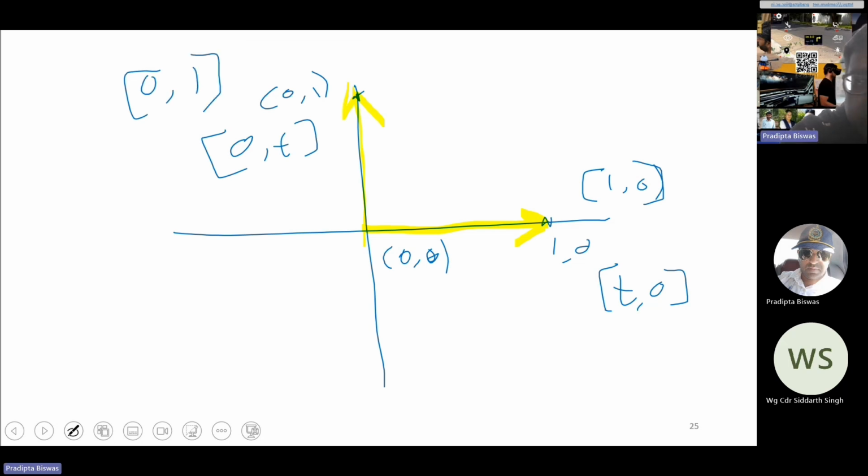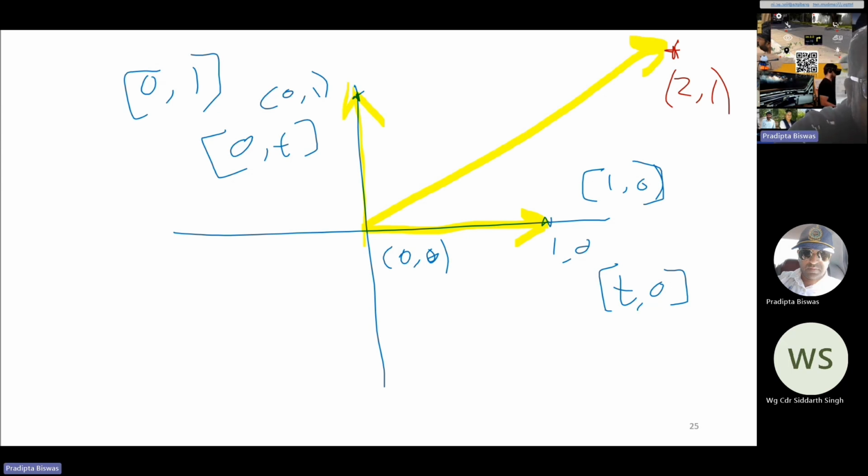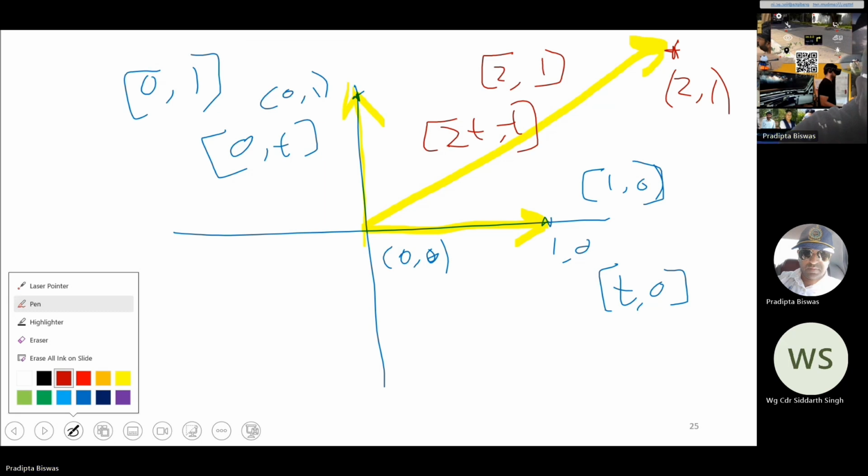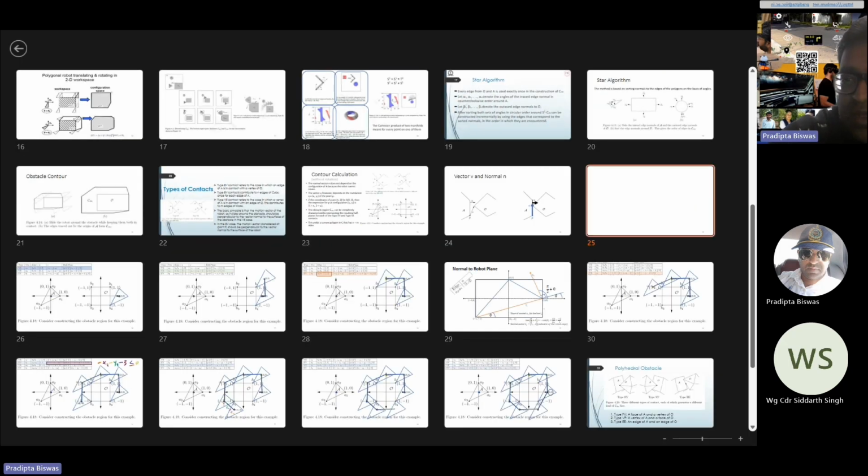Now say I have a point somewhere here, say this point is 2, 1. If I now draw a vector like this, similarly I can write its notation as 2, 1, or with a fixed multiplier, 2t and t. And then I can find the equation.